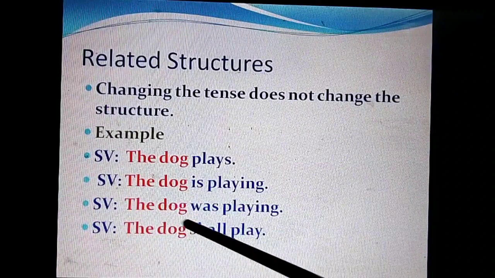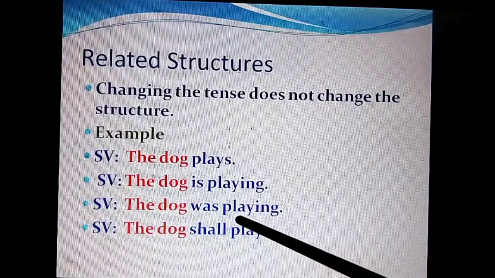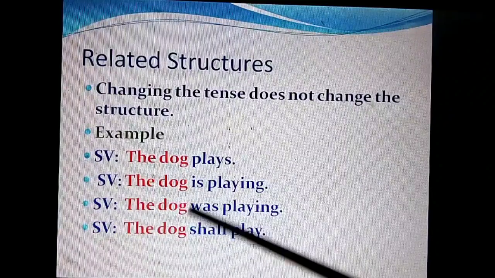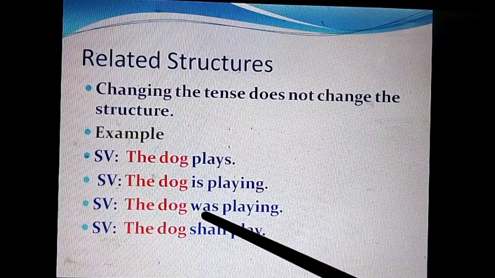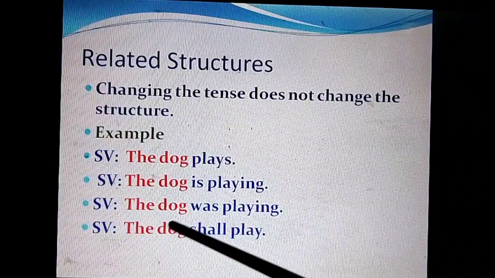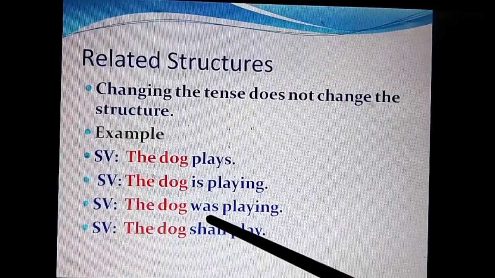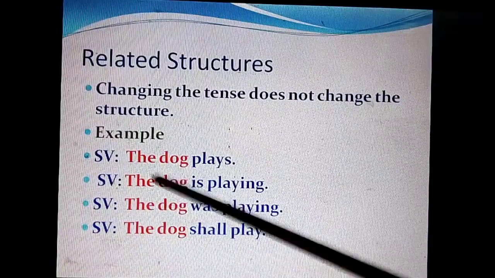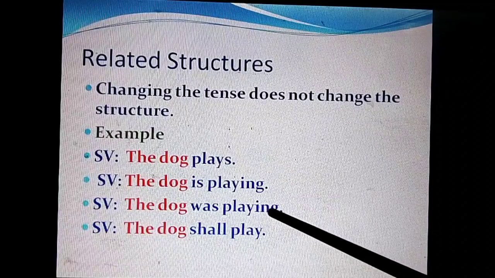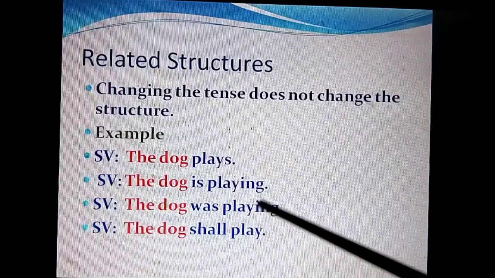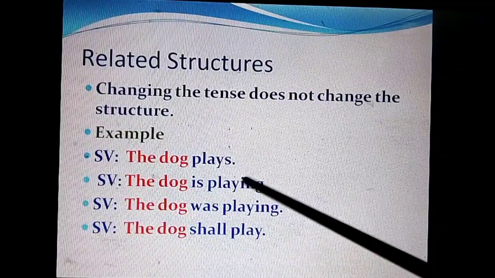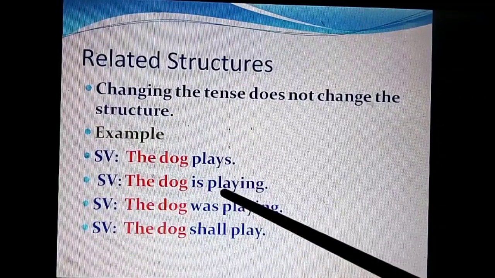So we have changed the tense from simple present to present continuous or present progressive. So the dog was playing. Again we have changed the tense, from simple present to past continuous or past progressive. So has it changed the structure? No, not at all. This is the dog, subject, and was playing is the finite verb. Here the finite verb is a combination of helping verb and main verb, but this whole thing is one verb only.